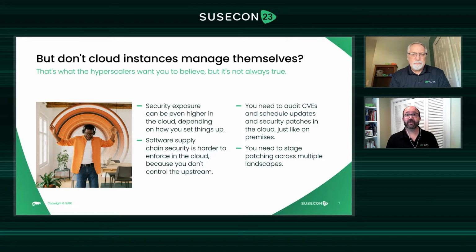And that goes for the software supply chain as well. There are lots of marketplace images out there, and the provenance of those images might not be very clearly identified. You don't control the upstream like you do when you're deploying on-prem. You still need to audit CVEs and schedule updates and patches on the cloud, just like on-prem. You don't get to just ignore those sort of things.